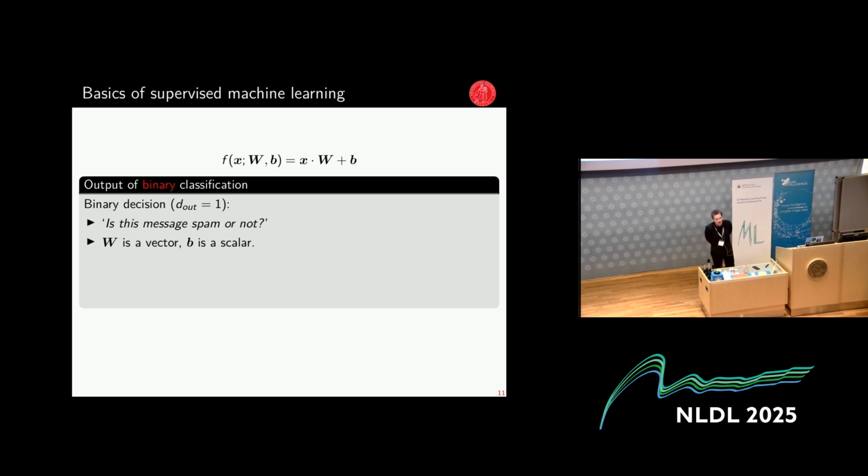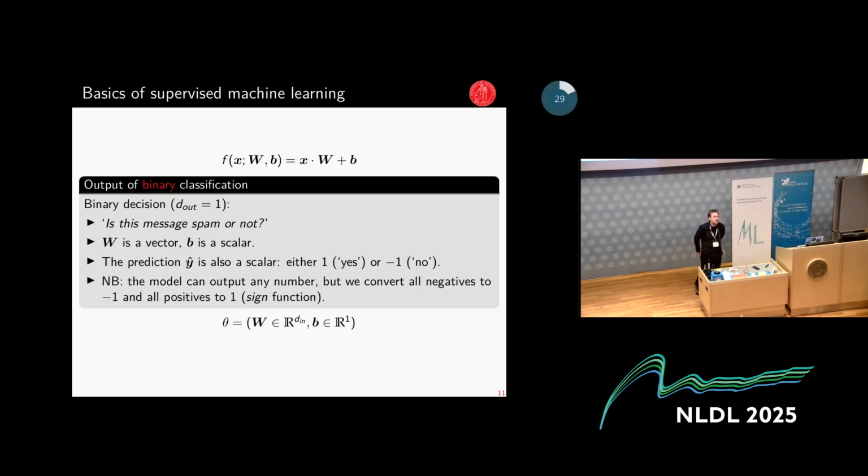W is actually not even a matrix, it's a vector, so it's just a one-row matrix. And B is a scalar, just a number, right? So the prediction, y hat, will also be a scalar, either 1 or -1. A spam message, not a spam message. In fact, the model can output any number, of course.